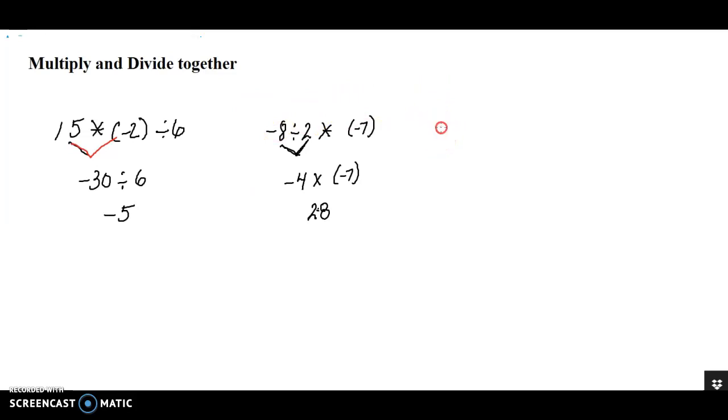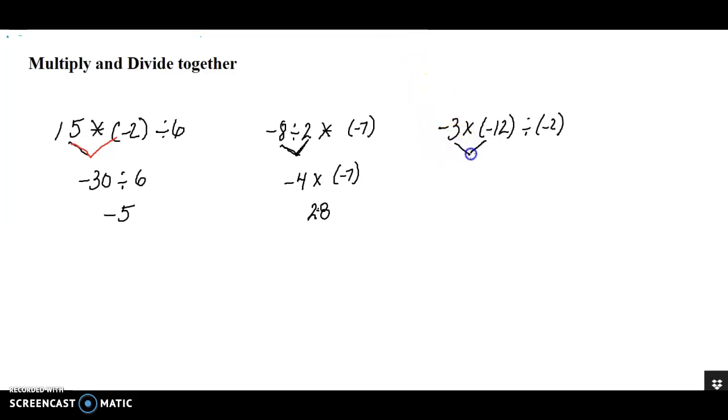If we had a negative 3 multiplied by a negative 12, and then we're going to divide that by a negative 2. Okay.